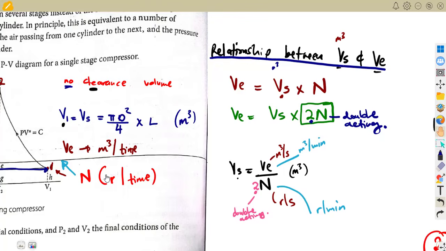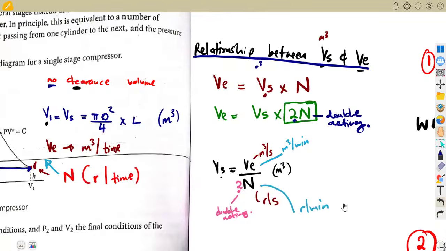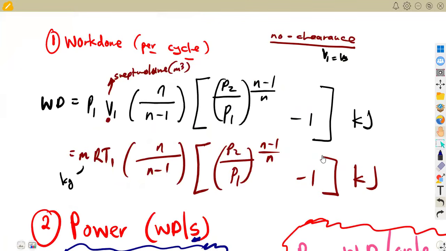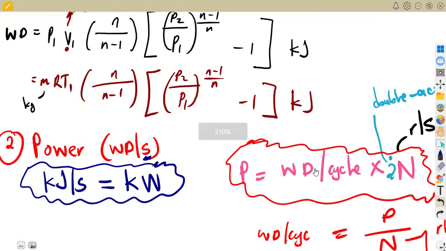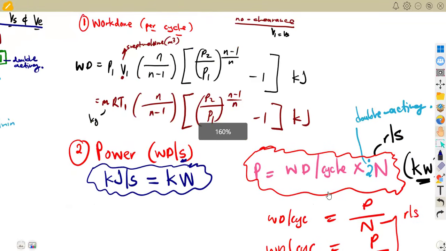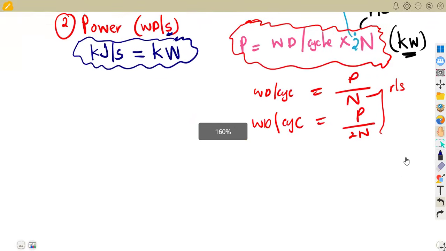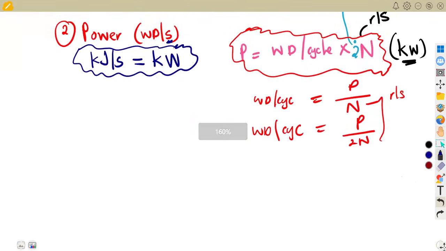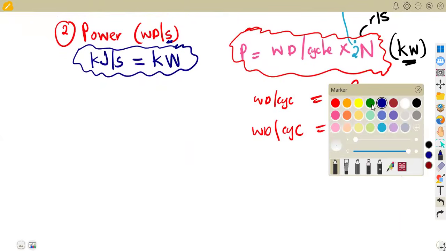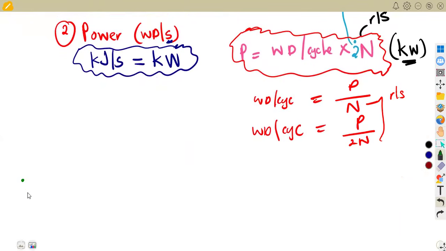So we can conclude that instead of calculating work done first when we want to calculate power, let us use the formula straightforward. Therefore, power is equal to P1 times VE.